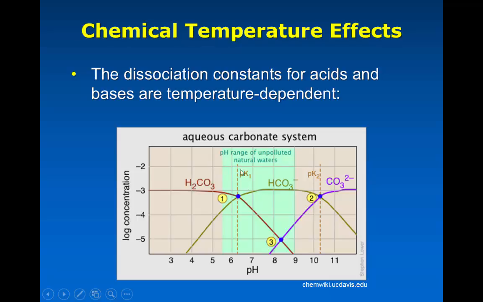And you can see these pK values. Those are the values of the dissociation constant, the point at which we lose one of those protons. There are two of them in the carbonate system, one around 6.3 and one around 10.3. These values of pK1 and pK2, those acid dissociation constants, are actually sensitive to temperature.